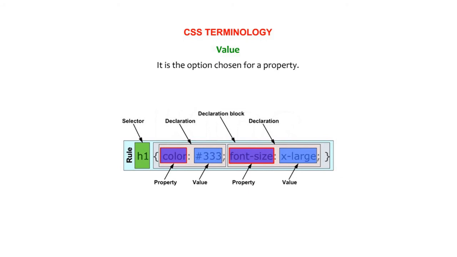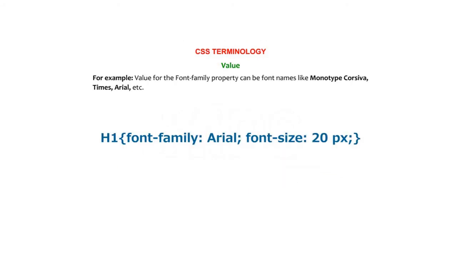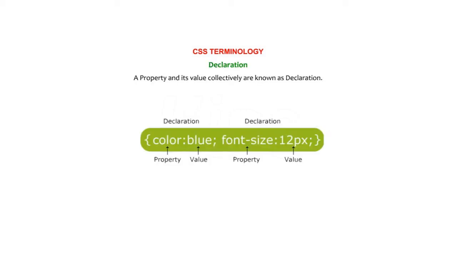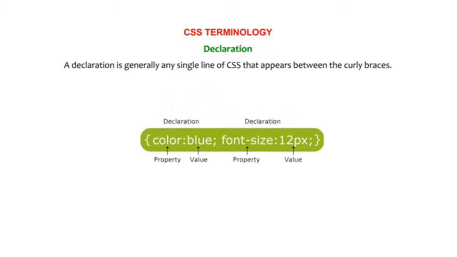For example, the value for the font family property can be font names like Monotype Corsiva, Times, Arial, etc. Next is declaration. A property and its value collectively are known as a declaration. A declaration is generally any single line of CSS that appears between the curly braces.